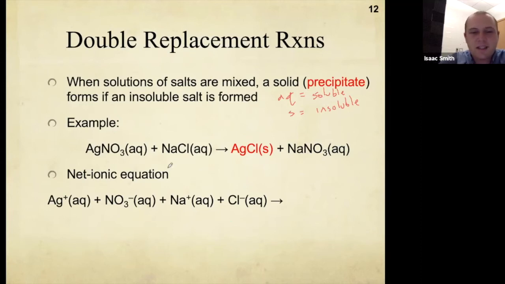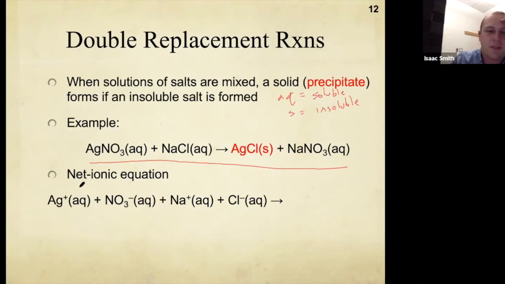In order to do these, all you do is look at the full chemical formula. These are always with double replacement reactions. If something is aqueous or soluble, when you put it in water, the ones that are aqueous, because they're soluble, are going to split up into their individual ions.